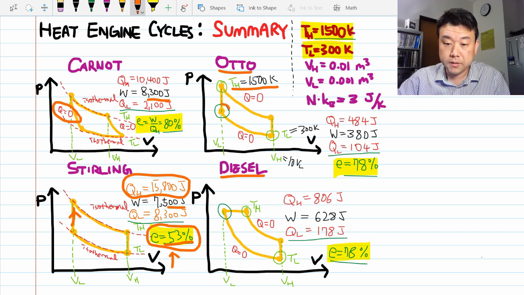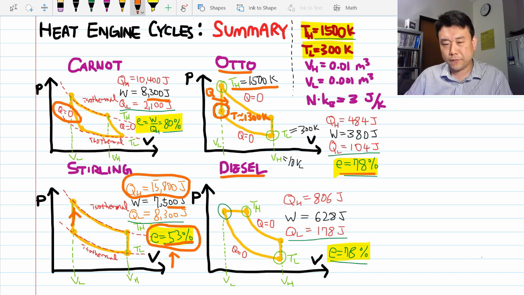At this point, it actually starts out at a temperature of something close to, I think, 1300 Kelvin. So some heat input occurs at lower temperature, and that's ultimately going to be what's responsible for this lower efficiency. And it's the same deal for the diesel cycle.